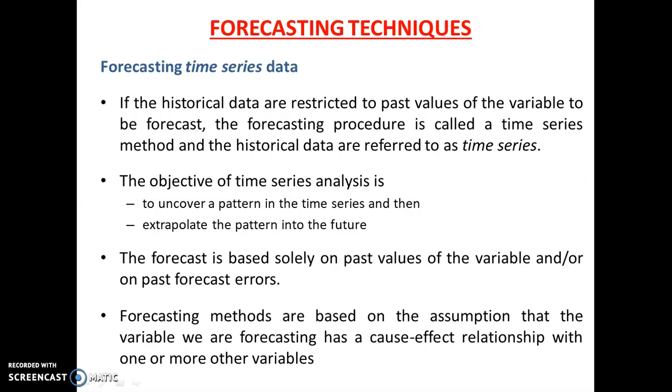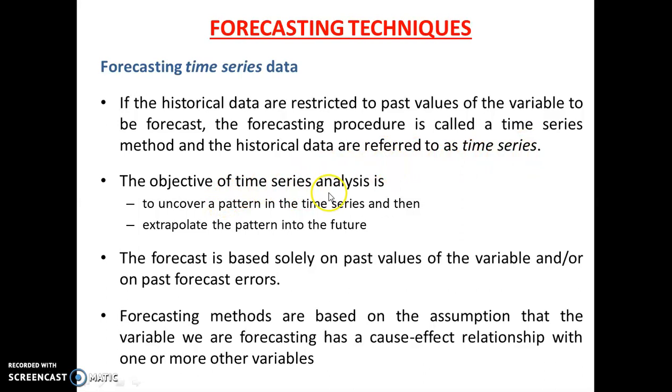Forecasting time series data. If the historical data are restricted to past values of the variable to be forecast, the forecasting process is called a time series method, and the historical data are referred to as the time series. Everywhere that time is involved, we refer to it as a time series.